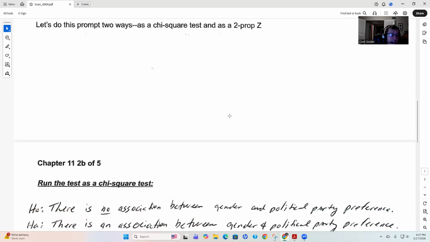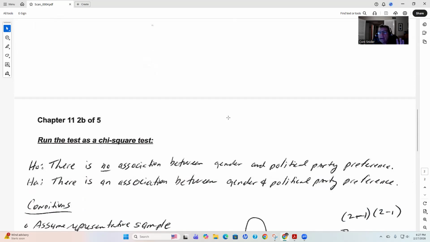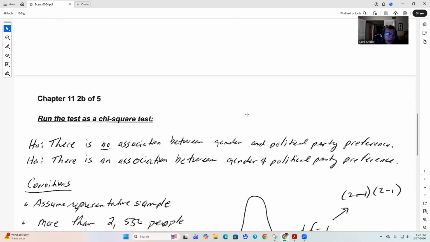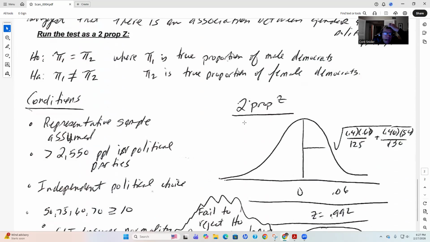This is going to be cool. This has happened on the AP test where they have a table like that and they tell you that you can do this 2 different ways. So when you run this as a proportion test, check it out. I'm going to do pi 1 equals pi 2, and pi 1 is not equal to pi 2, where pi 1 is the true proportion of male Democrats and pi 2 is the true proportion of female Democrats.